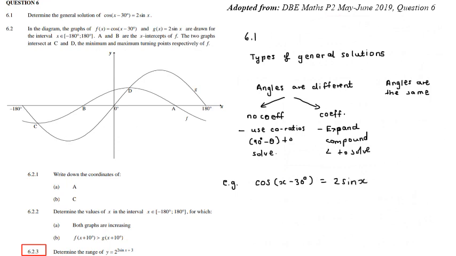Again, you can see that your angles are different, but this time one of your functions has a coefficient, or it has a value. This is 2 sine of x. We'll get to solving this, but basically we now know that the strategy that we're going to use is that we need to expand out this compound angle.